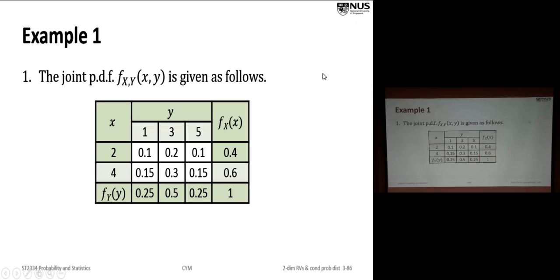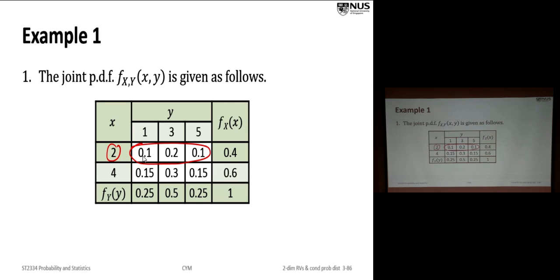Okay, here is an example. This is for discrete random variables. We have this joint distribution of x and y. X only takes two values, 2 and 4, and y takes the values 1, 3, and 5. We have shown the marginal of x: for x equal to 2, I have to add up all the probability function for x equal to 2.